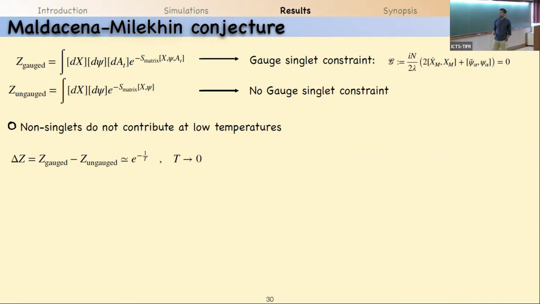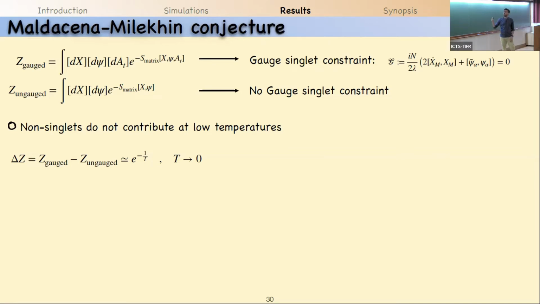To motivate a little bit, the gauged partition function is given by this equation, and computing the equations of motion for the gauge field gives rise to this constraint, which is known as the Gauss constraint. On the other hand, in the ungauged version, you don't have a gauge field, so there is no gauge singlet constraint, and you have an extended Hilbert space which hosts these non-singlets.